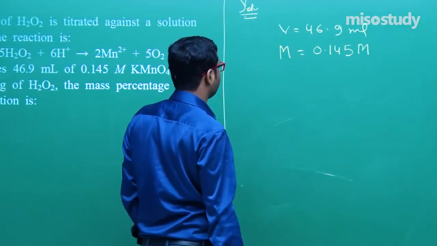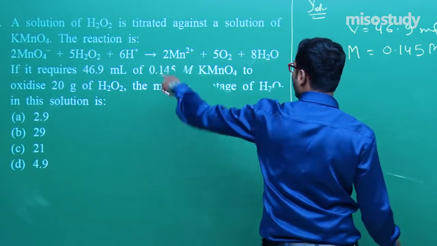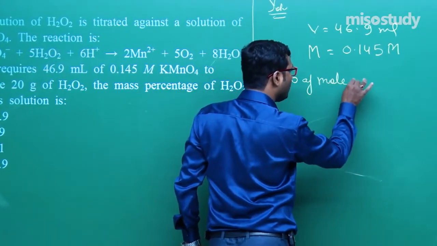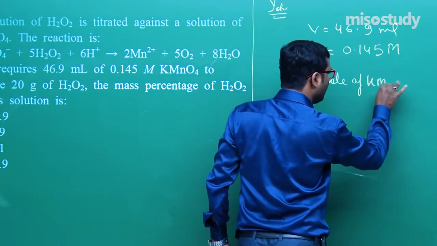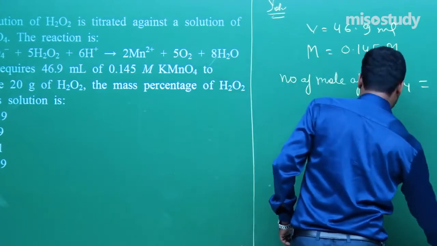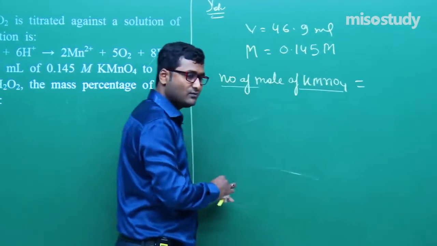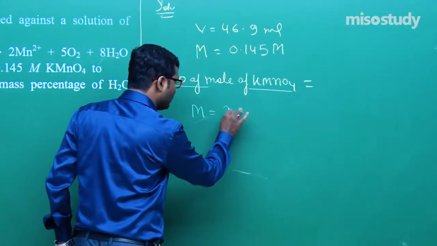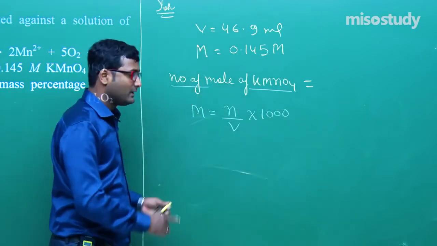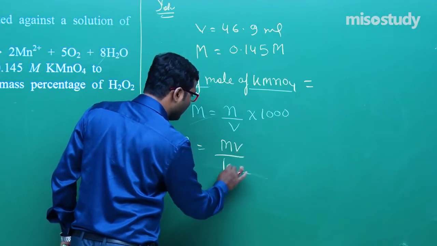What is the mass percentage? First of all, we have to find the number of moles, then compare with the standard solution. So the number of moles of KMnO4: as we know, molarity is equal to N by V multiplied by 1000, so N is equal to M into V upon 1000.